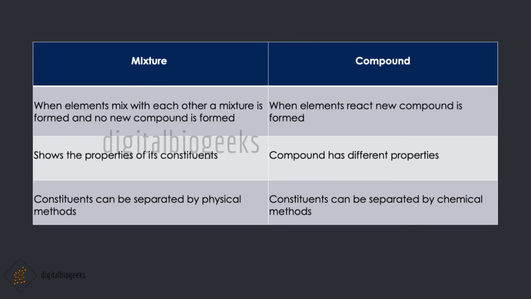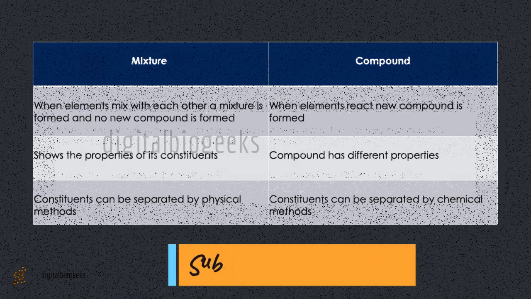Mixtures show the properties of their constituents, but a compound has different properties when compared to the properties of its constituents. Constituents of a mixture can be separated by physical methods, but constituents of compounds cannot be separated by physical methods, and they can be separated by chemical methods. That's it about the purity of matter.